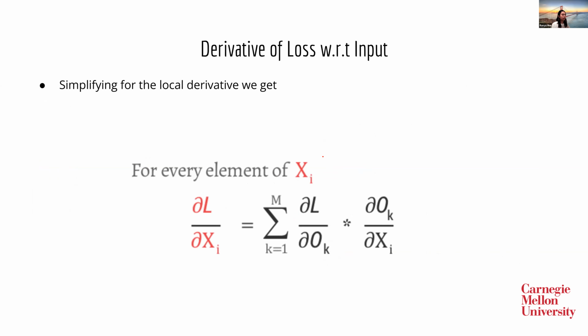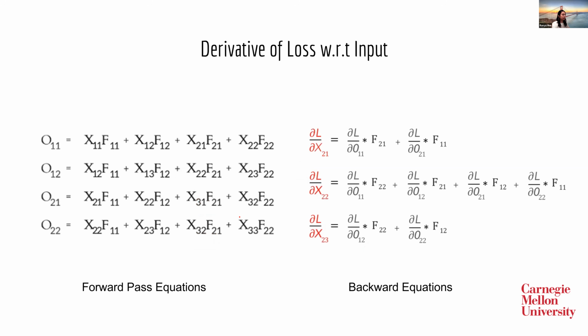So let's move on to the loss with respect to the input, and we are also talking about the stride one situation for now. So for every element in the input, the backward calculation looks like this, and let me explain why. As we've seen before, the output map is calculated by running some dot products. So we can also extract the contribution of each x.